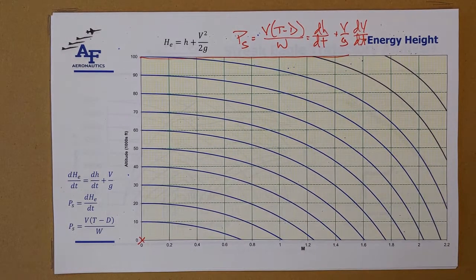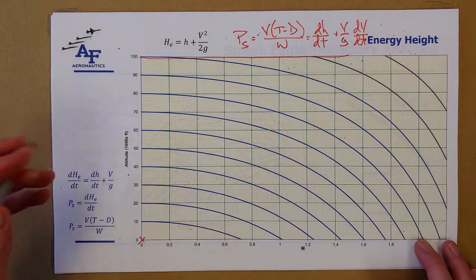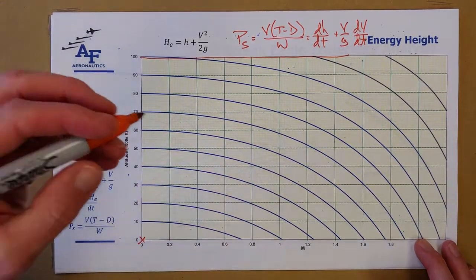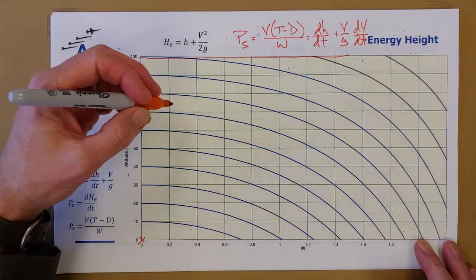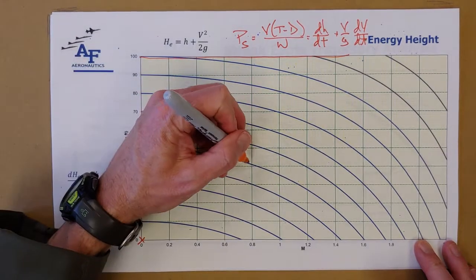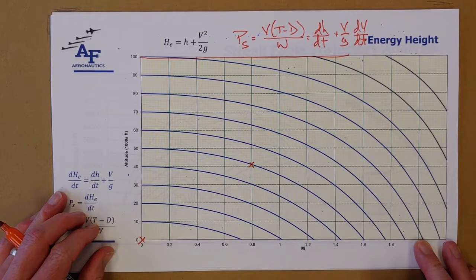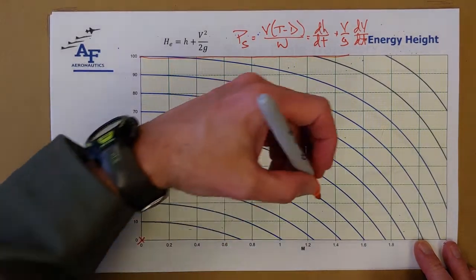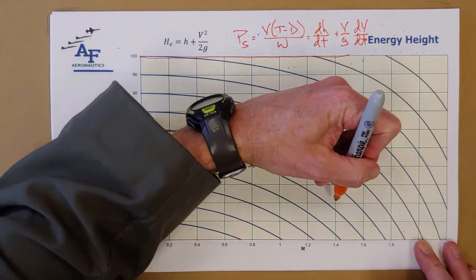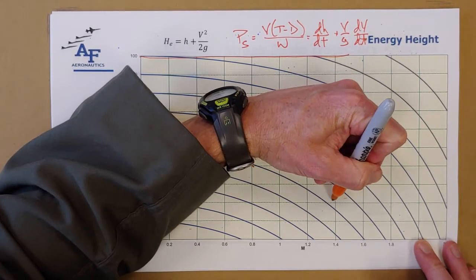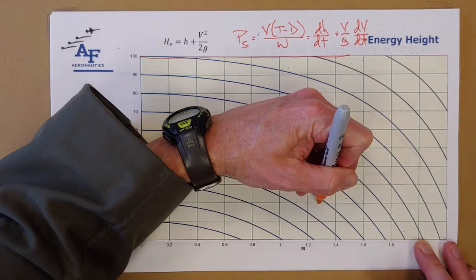Everything you need to know about energy height is actually encapsulated in the Air Force song. So let's say that we're flying high CAP. We're up here in an F-22 in the high 40s, orbiting at 0.8 Mach. And there's some bad guys down below at 20,000 feet coming screaming in at a high Mach number.